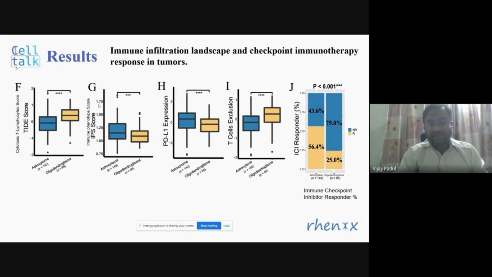That means T cells are not present in the tumor. They identified a statistically significant difference between the astrocytoma and oligodendroglioma subtypes with respect to all these scores.